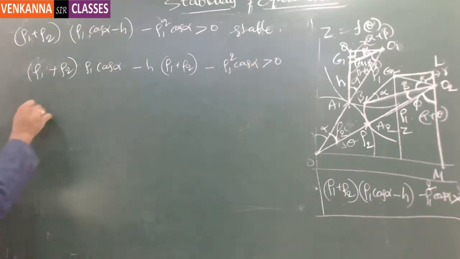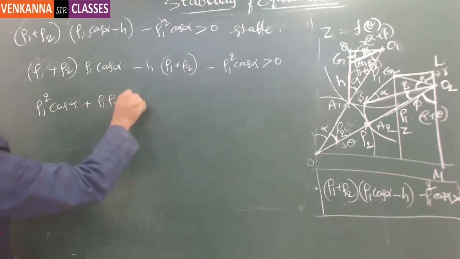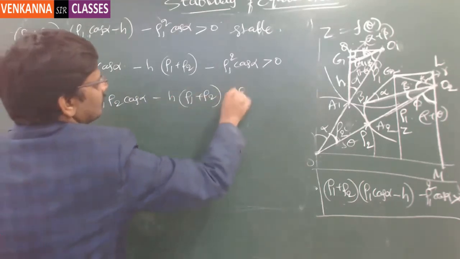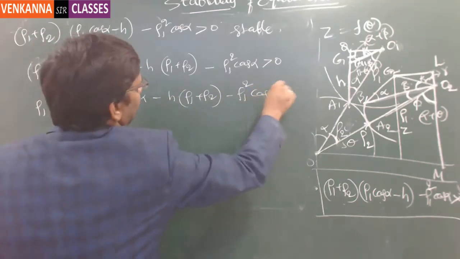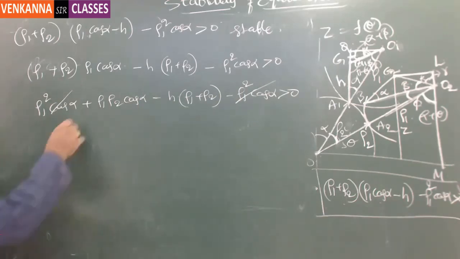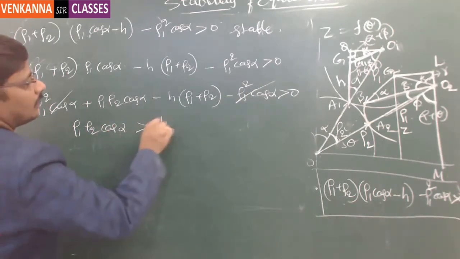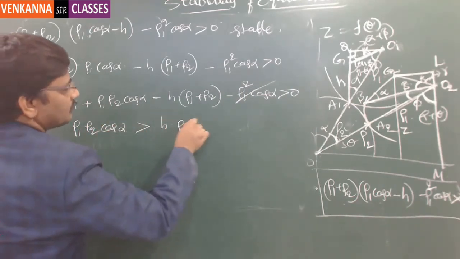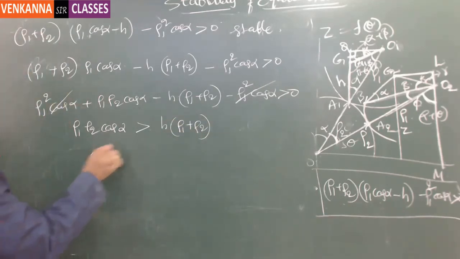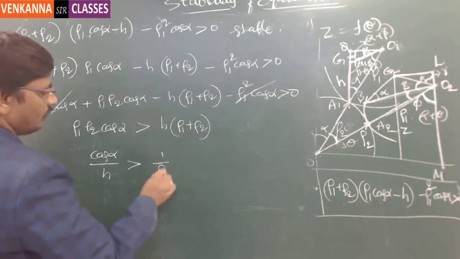Further simplifying, rho 1 square cos alpha plus rho 1 rho 2 cos alpha minus h times rho 1 plus rho 2 minus rho 1 square cos alpha is greater than 0. So this rho 1 square cos alpha and this rho 1 square cos alpha will go out. Now rho 1 rho 2 cos alpha is greater than h times rho 1 plus rho 2, or cos alpha by h is greater than 1 by rho 1 plus 1 by rho 2.